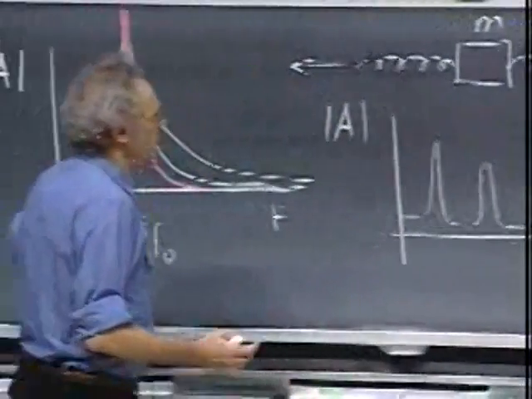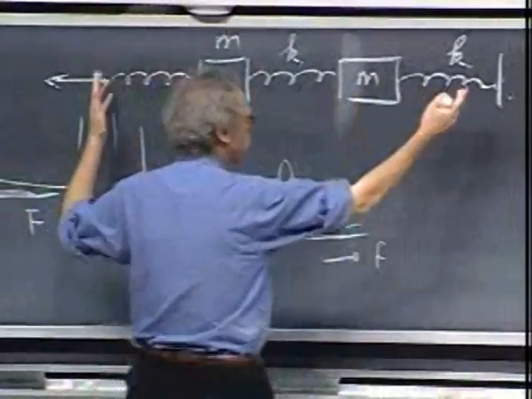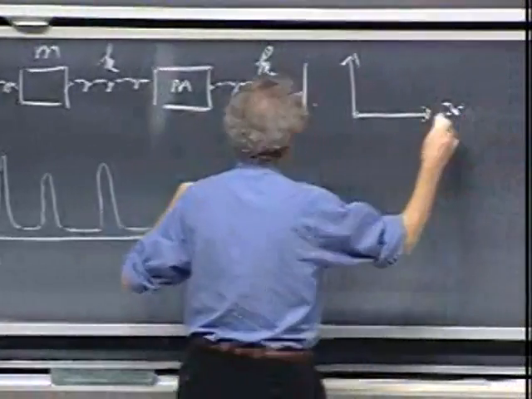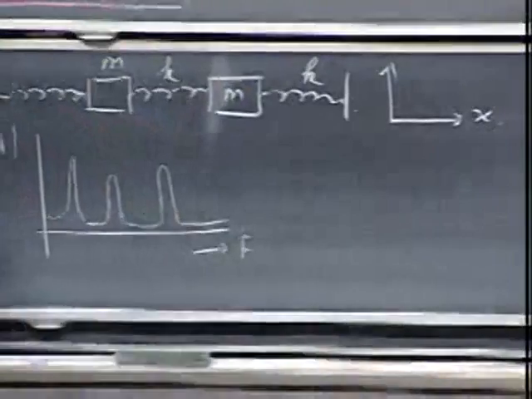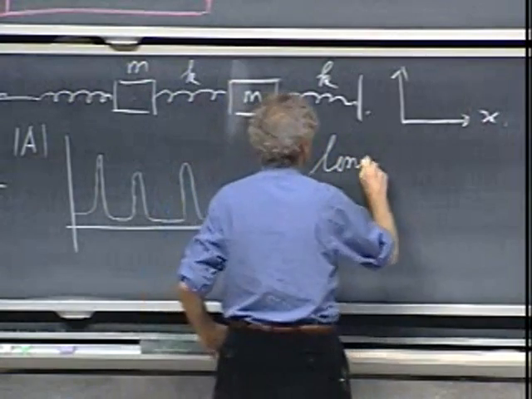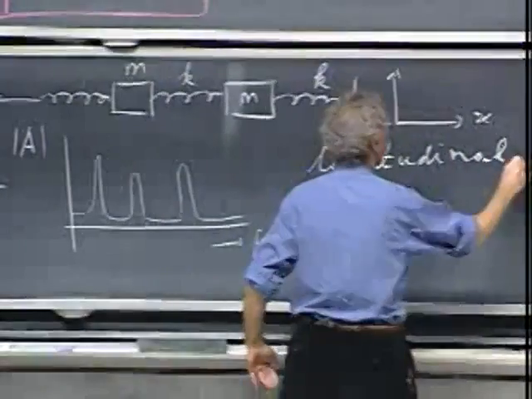In the case here, the objects move in the same direction as the spring. I call this the y direction, and I call this the x direction. So the spring is in the x direction, the beads are in the x direction, and the oscillations are in the x direction. We call those longitudinal oscillations.